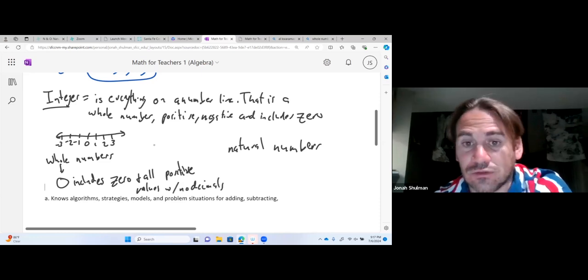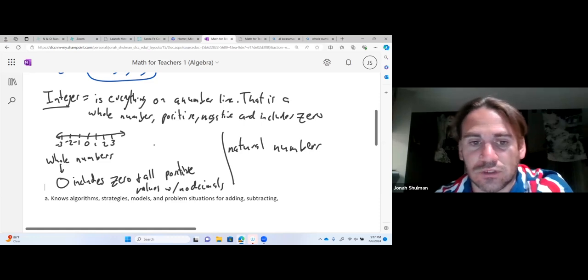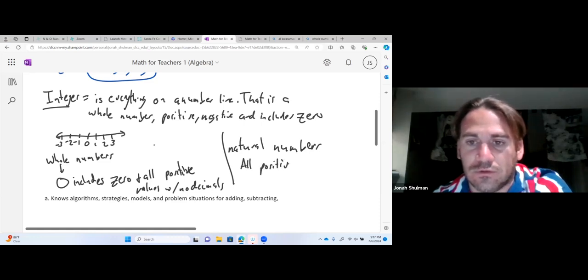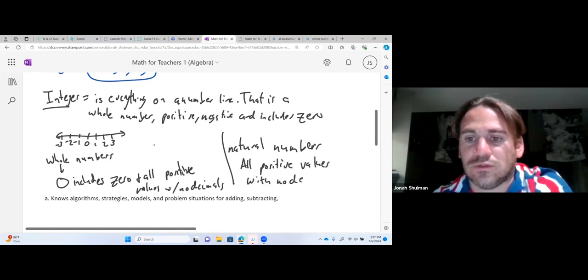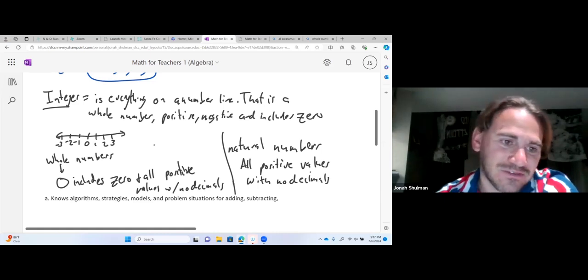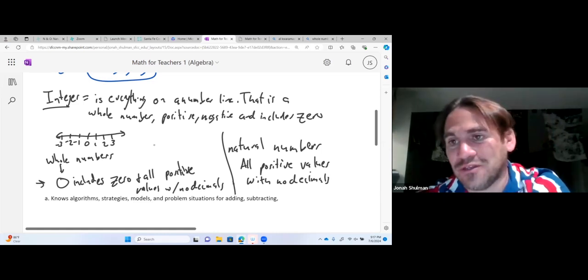And what are natural numbers? Natural numbers are all positive values with no decimals. And because 0 is neither positive nor negative, we can't use it.